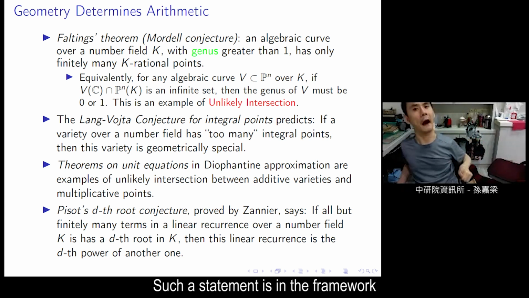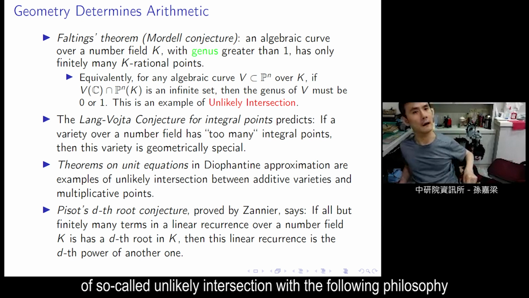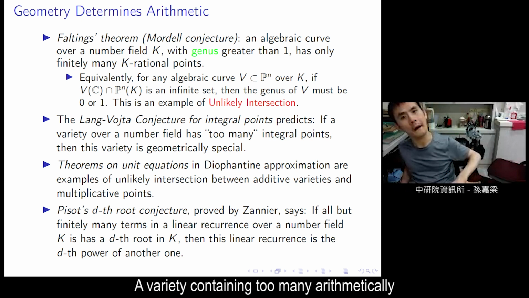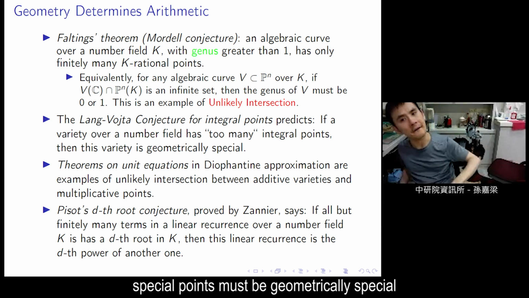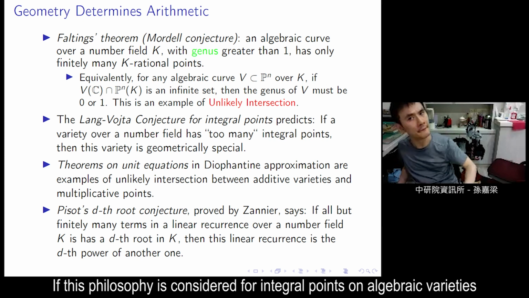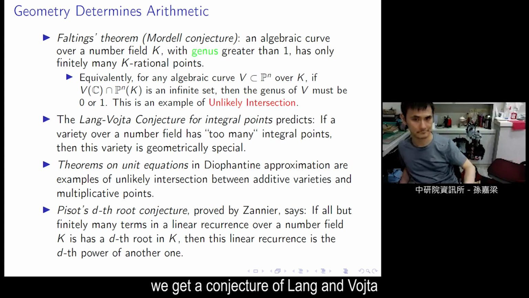Such a statement is in the framework of so-called unlikely intersections with the following philosophy. A variety containing too many arithmetically special points must be geometrically special. If this philosophy is considered for integral points on algebraic varieties, we get a conjecture of Lang and Vojta.